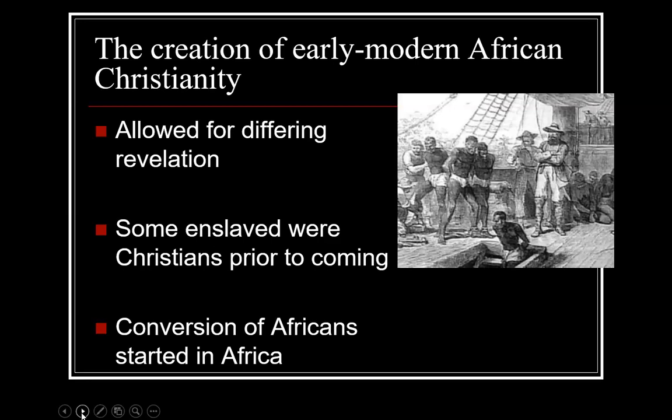No, in fact, the Christianizing process, the evangelizing process, had taken place and started in Africa. And that's an important note here, that most slaves, most Africans, especially in Central Africa, West Africa, had some knowledge of Christianity by this point. So that's important in this.